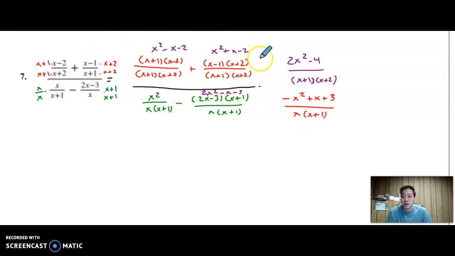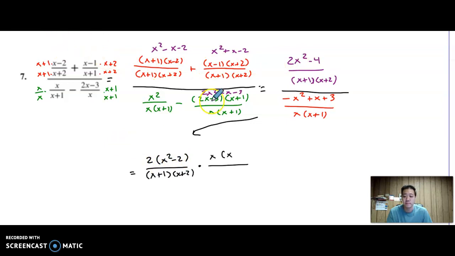And now what we have to think about is, well, we still have a fraction over a fraction, so now we have to simplify that. So I continued my work over here. I think I took out a 2. I factored it, GCF of 2, to get 2 times x squared minus 2.